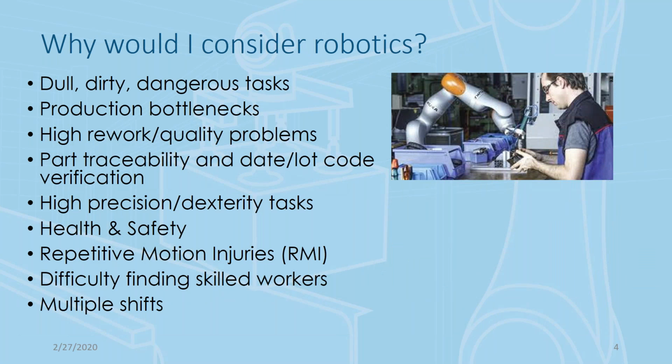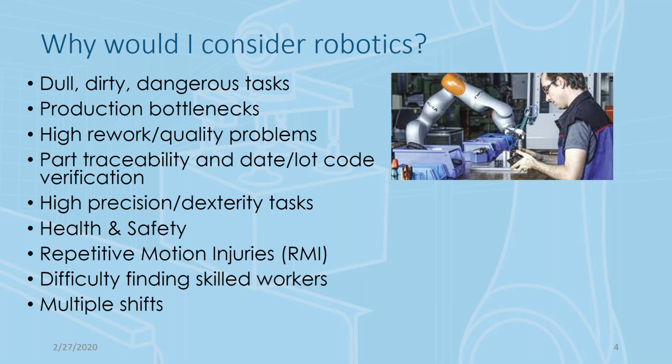So, we're talking about robotics, but why would that even be something we would consider? And like I said, you can almost extend that to many different technologies in manufacturing, but for robotics, one of the main things you'll hear quite often are the 3 Ds: the dull, the dirty, the dangerous. If you think dull, just think those repetitive tasks where you have a human operator today doing the same task over and over again all day long.